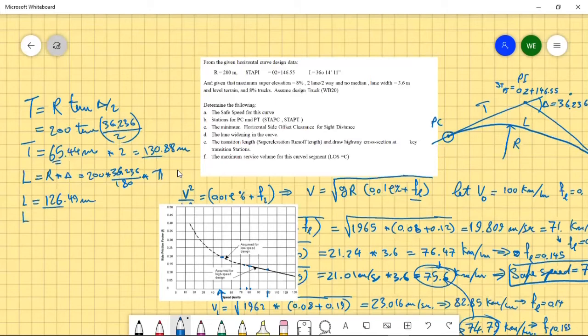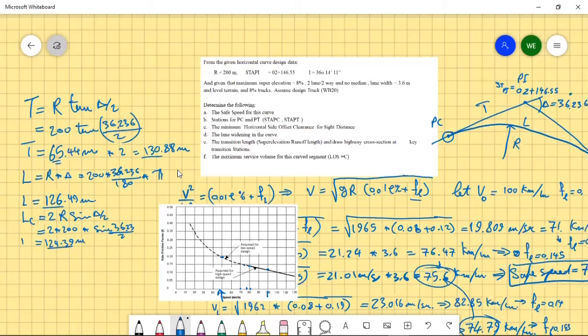By the way, let's calculate the chord length. The chord length will be 2R sine delta over 2. So it's 2 multiply 200 multiply sine 36.23 over 2, which is 124.39 meters.